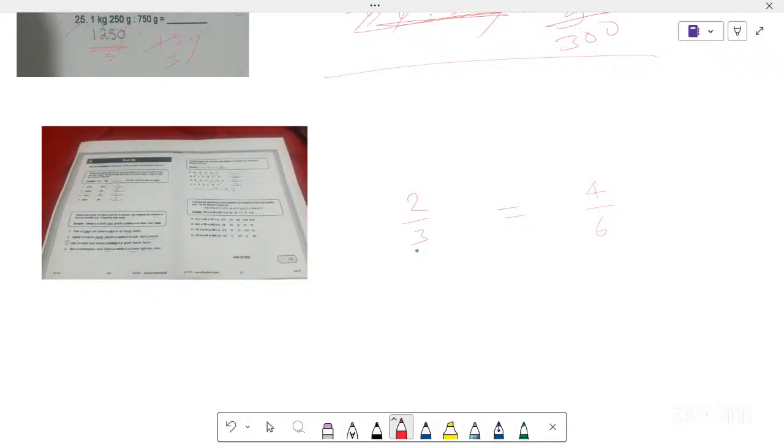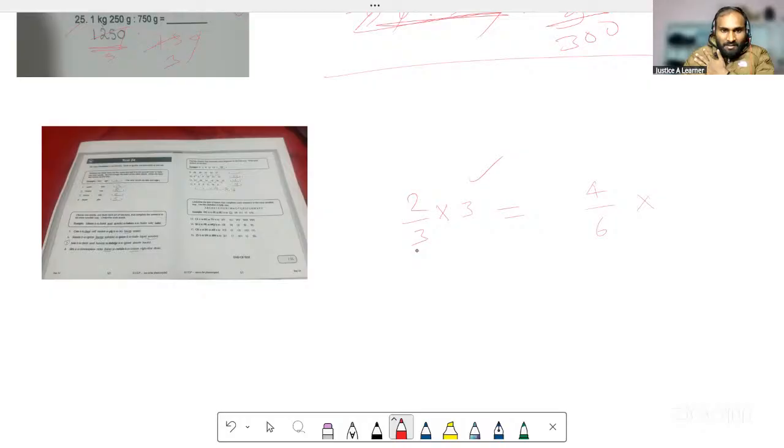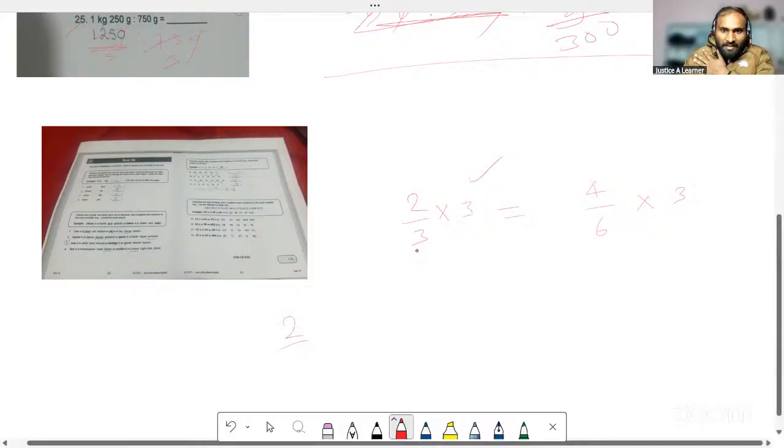Understand once again. If I am multiplying 3 this side, it would be injustice if we are not multiplying this number with 3, right? So let us multiply both sides. When you are multiplying this number, remember the rule. Multiplication would not go in this way. You cannot multiply these two numbers.